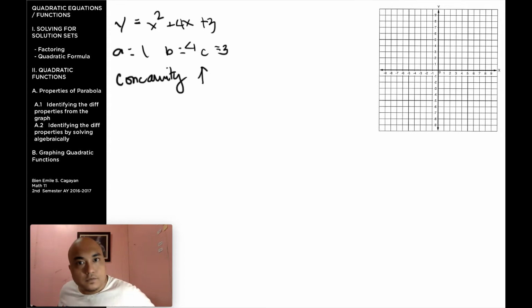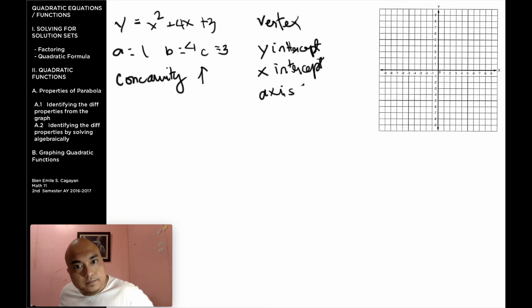We just have to look for the vertex, the y-intercept, the x-intercept, the axis of symmetry, the domain, and its range.